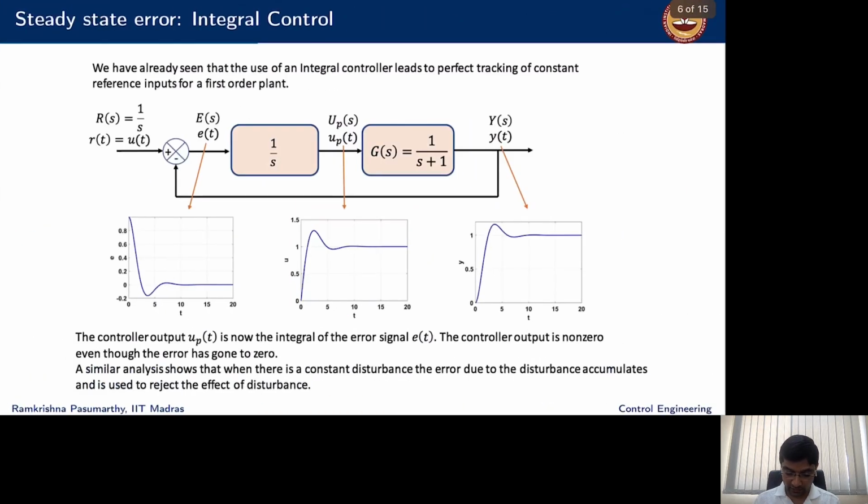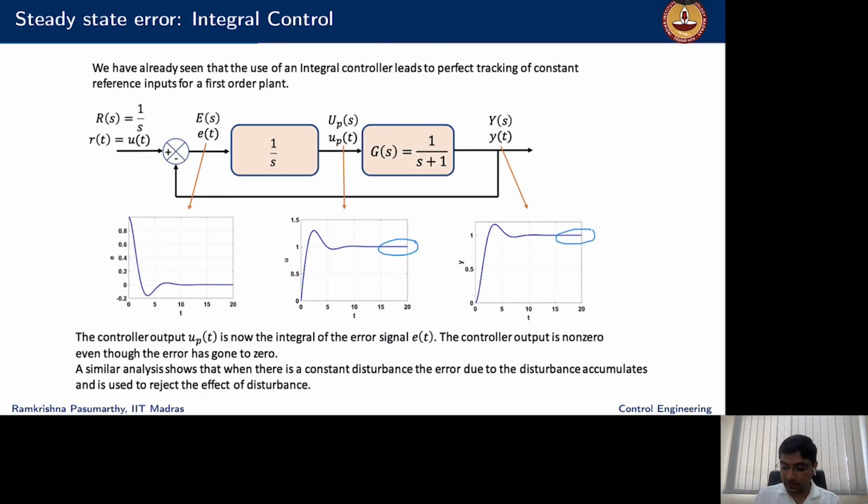What does the integral control do? Now I have this error, and this e(t) gets integrated, so it's kind of getting accumulated over time. This will now generate a steady state input of 1. Now a steady state input of 1 gets my plant also to the steady state value of 1.